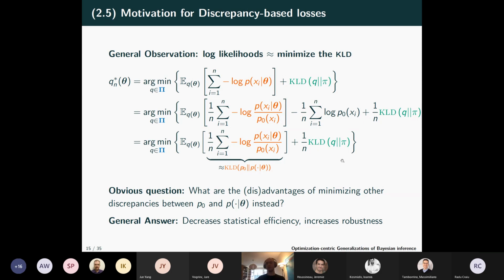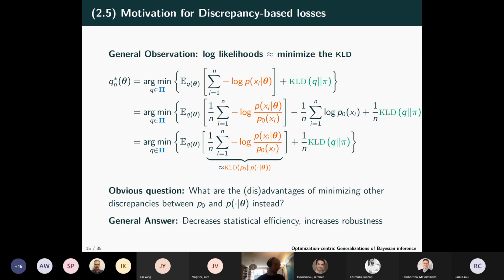And then one obvious question would be, what kind of disadvantages do I have from minimizing the Kullback-Leibler divergence between my true data generating process and the model I've posed? And the general answer is, if your model is correct, the Kullback-Leibler divergence is the most efficient way of extracting information. And you can actually see this in a lot of mathematical results.